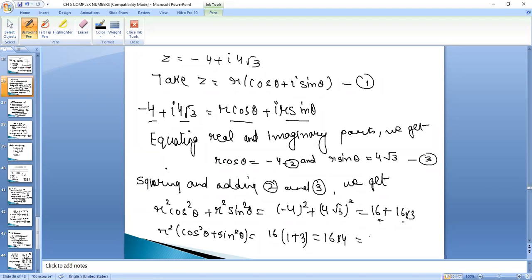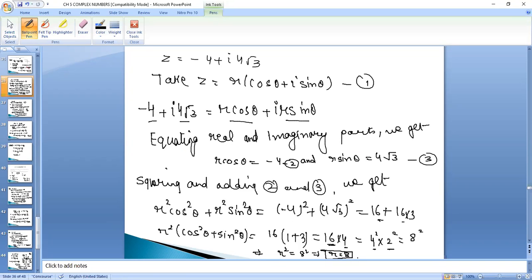So the factors will be 4 square into 2 square is equals to 4 into 2, 8 square, right? So 16 I can write 4 square, 4 I can write 2 square. So 4 into 2, 8 square. So this implies R square is equals to 8 square, which means the value of R is equals to 8.